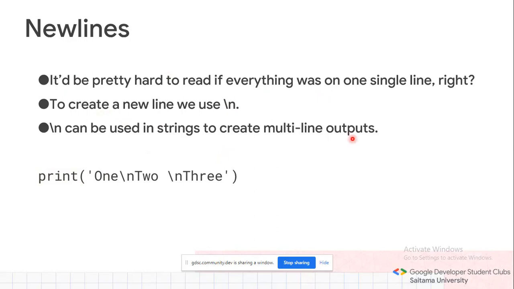multi-line outputs. For example, print 1 \n, 2 \n, 3. We would like to know how the output will be, so let's just try it in our Colab.